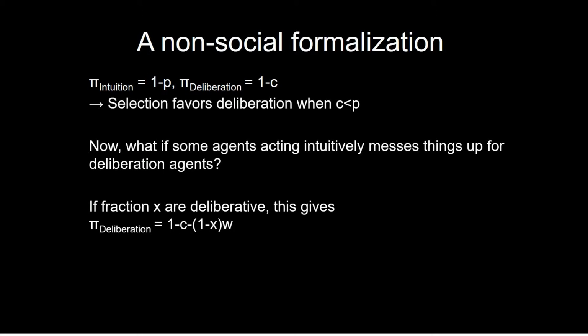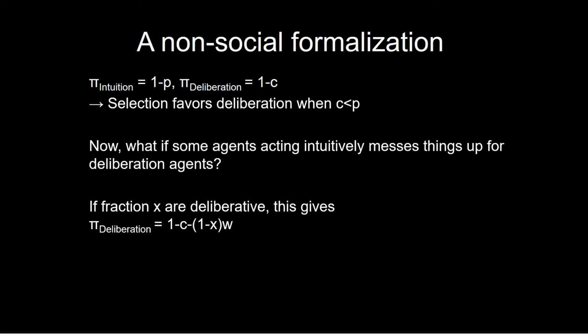So we've got this system where we've got some intuitive agents, some deliberative agents, fraction x are deliberative, and then we can do in the same way we've done before of saying, what do the dynamics of this system look like? And in particular, we can ask, is there ever coexistence? Is there some stable fixed point where you have both intuitive and deliberative agents present?